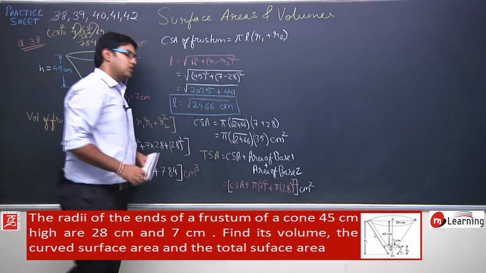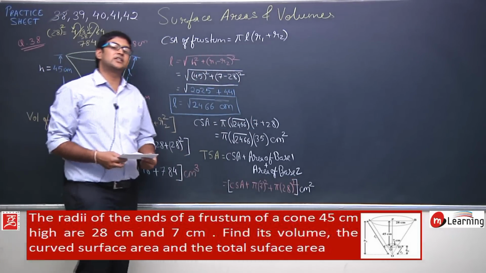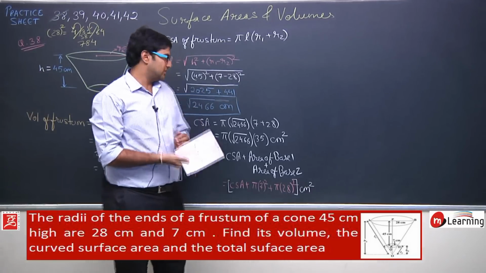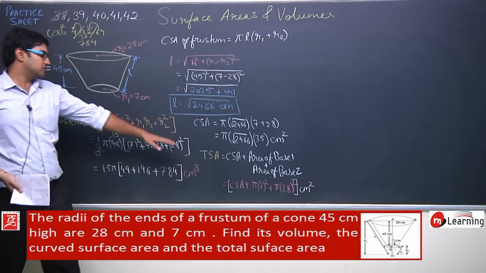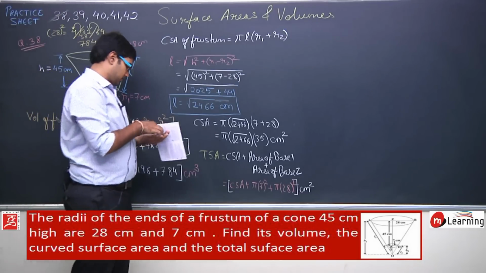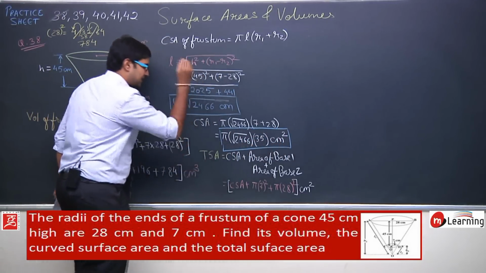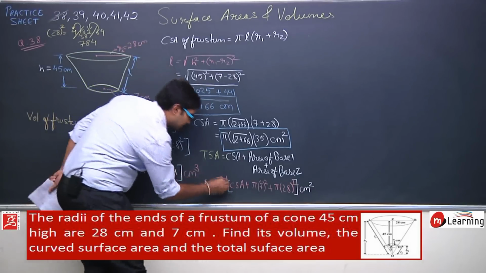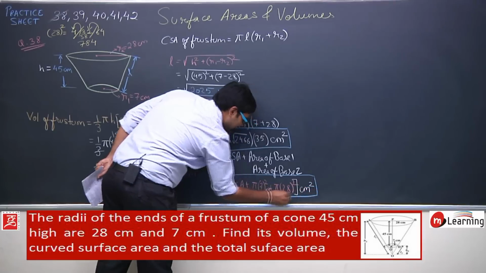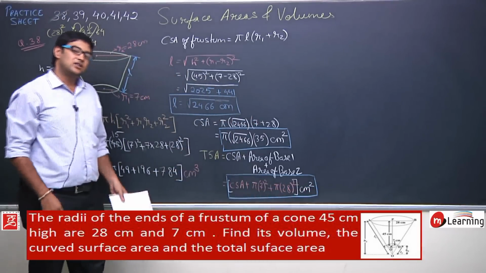This is the total surface area of this frustum. Okay. So this is the volume, this is the curved surface area, and this is the total surface area. So in this manner you need to determine the values.